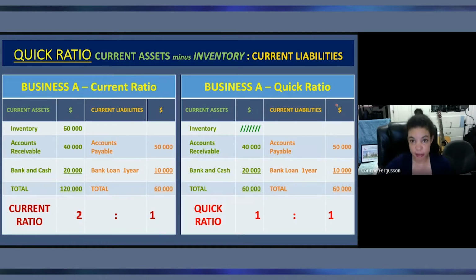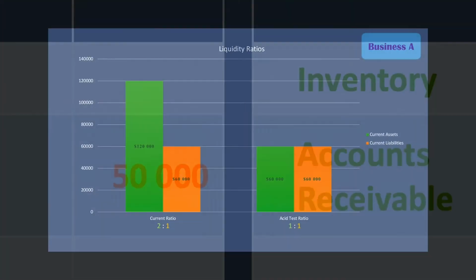But once it covers the short term debts, they consider that acceptable because it's the most liquid. You still have your inventory that you can get cash from, right? So 1 to 1 is the acceptable quick ratio. So business A seems to be in the generally acceptable liquidity. They're good in terms of liquidity.